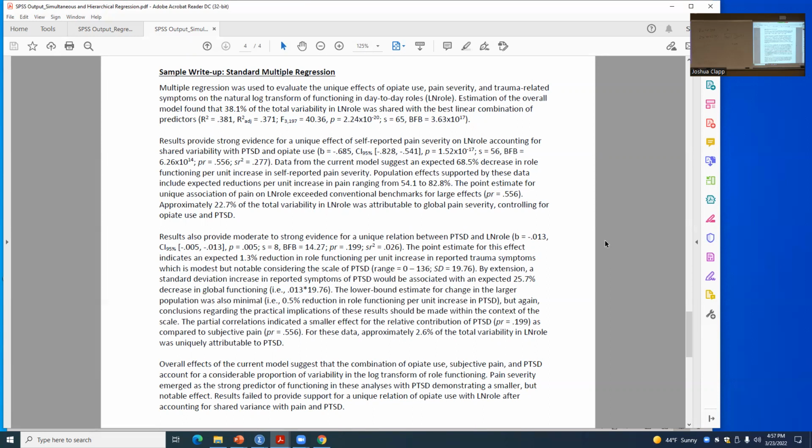Remember that S values are always whole numbers, right? Bayes factor, you can probably reduce to 2 decimals because there's no reason to take it out further. We're starting to get into more complex analyses that will involve a lot of different statistical figures, so be mindful as you're putting that together.